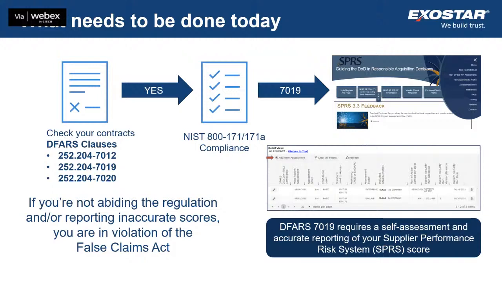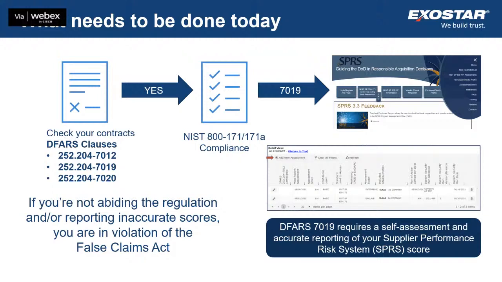The first thing I would always remind people to do is take a look at your current contracts. Either these are contracts you have directly with the Department of Defense, or these are clauses that have been flowed down to you because you've signed contracts with a prime contractor and you're a subcontractor to that prime.